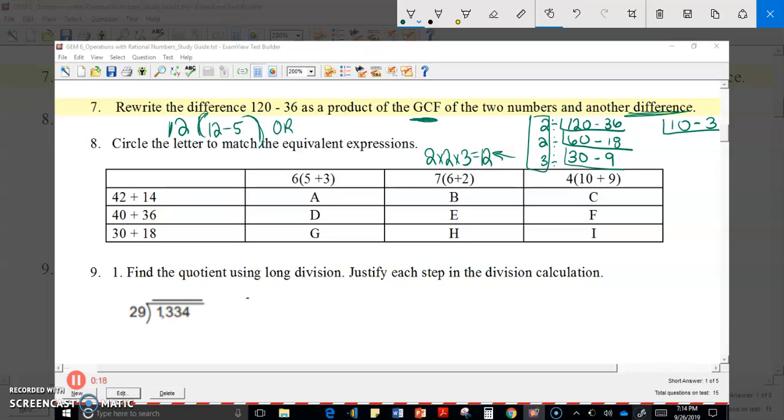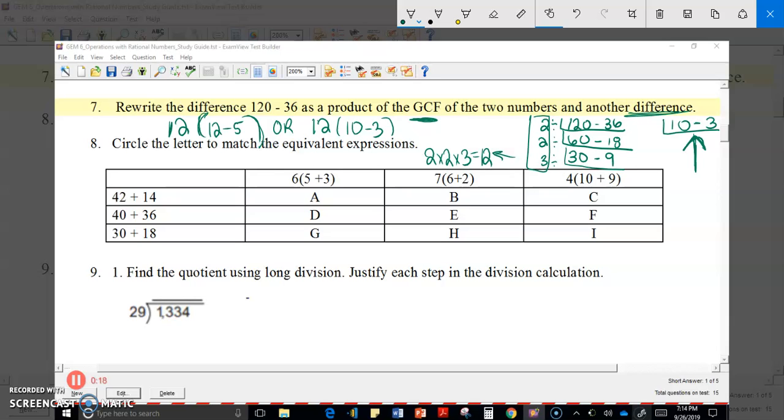Or I can also go with 12 times 10 minus 3. And oh wait, that 10 minus 3 came from somewhere. It came from our ladder. By using the 2 numbers in our last ladder row, I will get an equivalent expression for 120 minus 36.